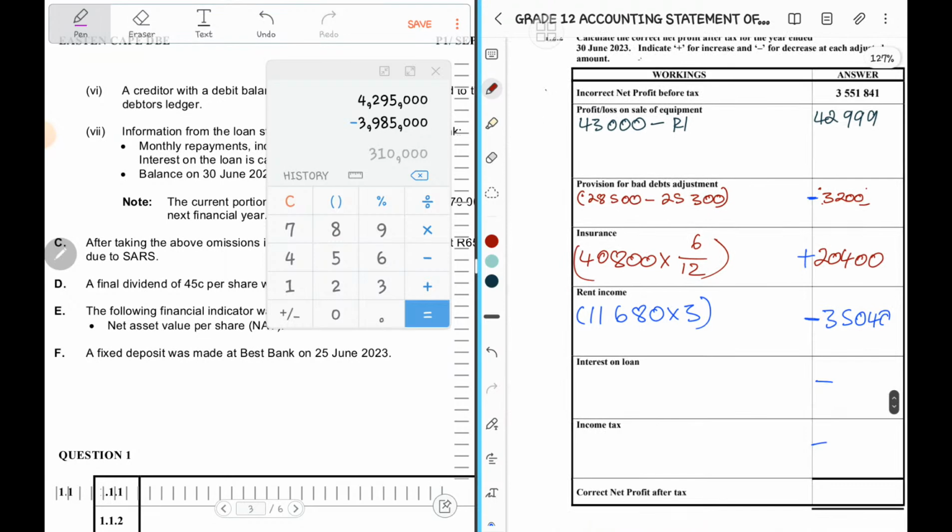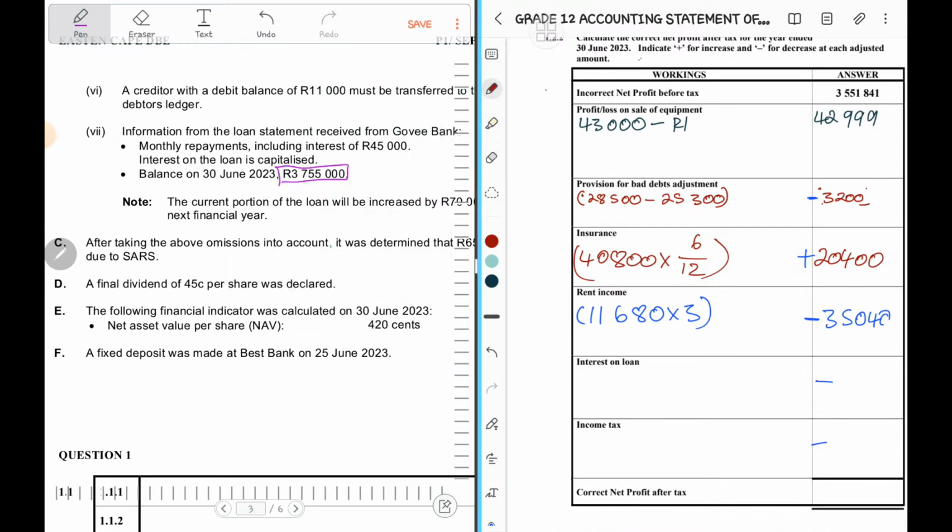In terms of our calculations here, first of all, we are going to consider what? We are going to consider the loan balance according to the loan statement. So it will be 3,755,000. Then we're going to add the repayments for the year that are inclusive of the interest.